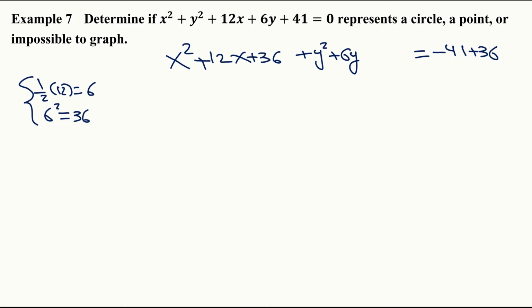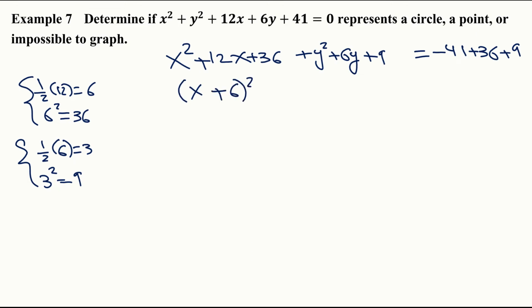And for completing the square on y squared plus 6y, we're going to do the same. We're going to take 1/2 of 6, which is 3, and then we're going to square it to get 9. So we need to add 9. So immediately we add 9 to the other side to keep the balance. All right, so on the left here, we have a perfect square trinomial here. So that's going to be the perfect square of x plus 6. And this one is going to be the perfect square of y plus 3.